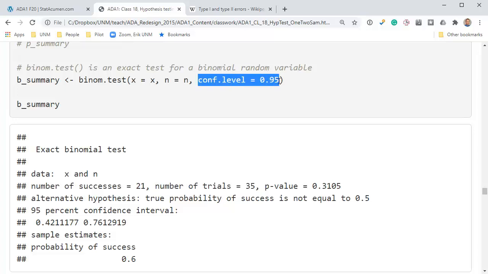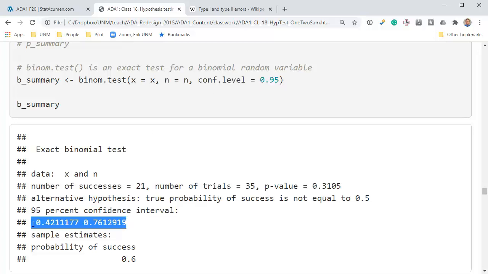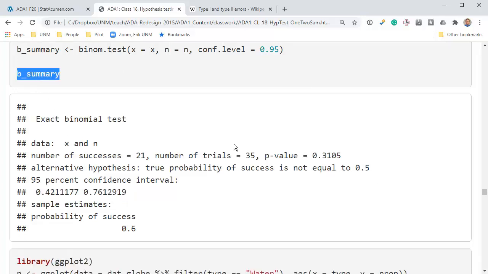I think if you don't specify that, it doesn't give you a confidence interval. We actually don't care about the confidence interval in this class or in this assignment. We just care about the hypothesis test. Okay, and that all goes into b summary, and our exact binomial test gives us a p-value equal to 0.31.